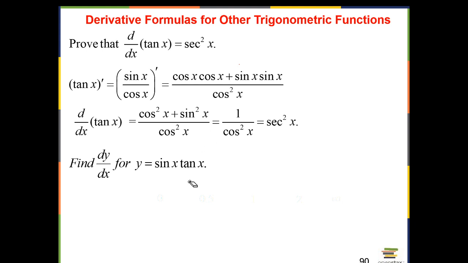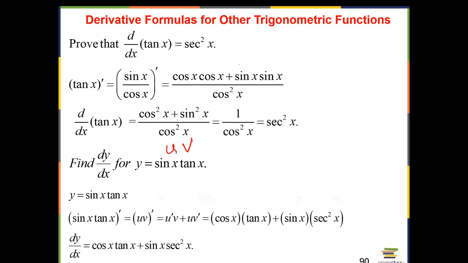And what's the derivative of this? That's a product rule. Again, think of it as uv. The derivative of uv is u prime v plus uv prime. And u is sine, so u prime is cosine. v is tangent, we leave it there, plus u, which is sine, times v prime.